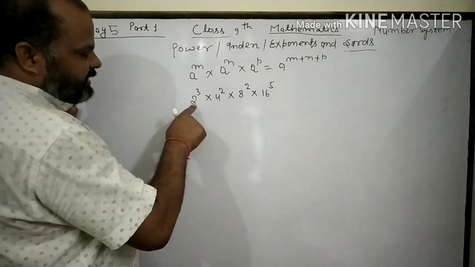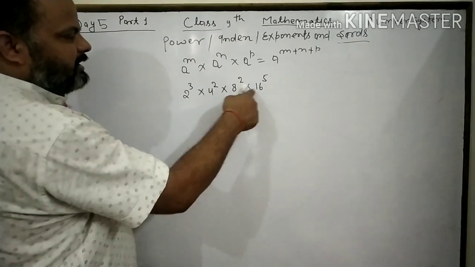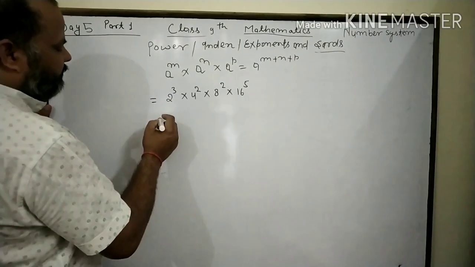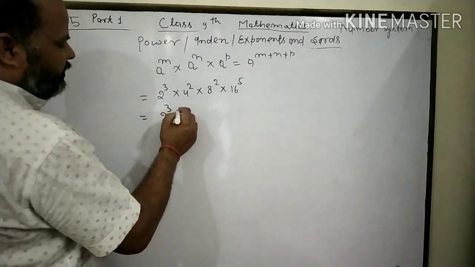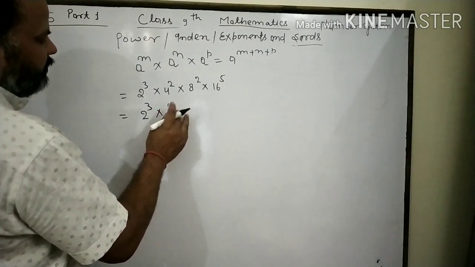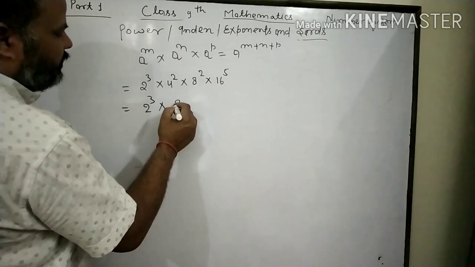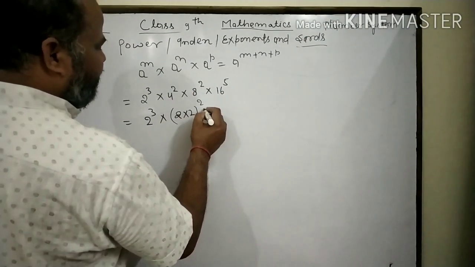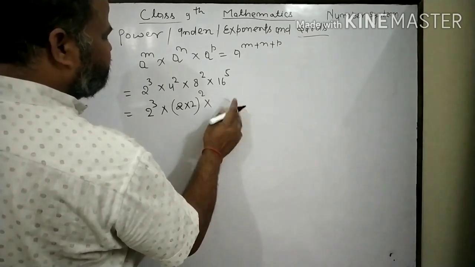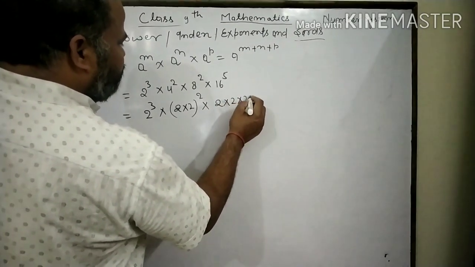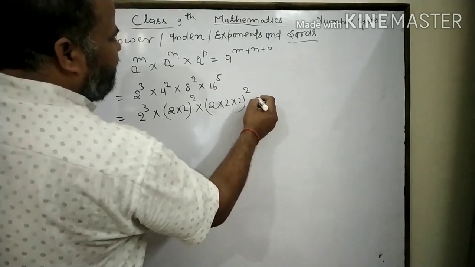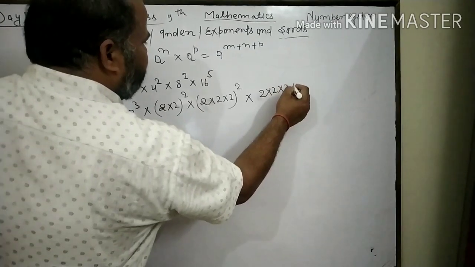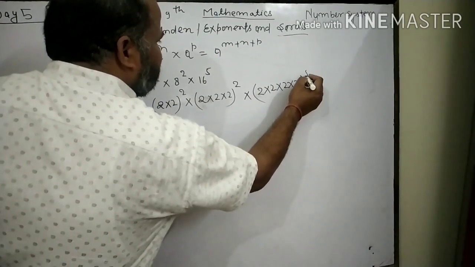First of all, 2 is the prime number, except all are composite numbers. So first you convert into the prime form. 2 to the power 3, 4 is written 2 into 2 to the power 2, 8 is written 2 into 2 into 2 to the power 2, and 16 is written 2 into 2 into 2 into 2 to the power 5.